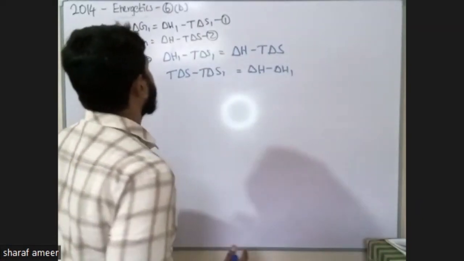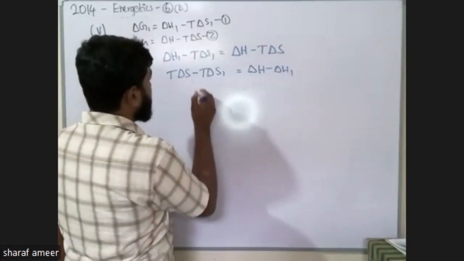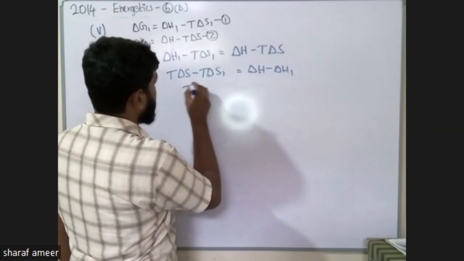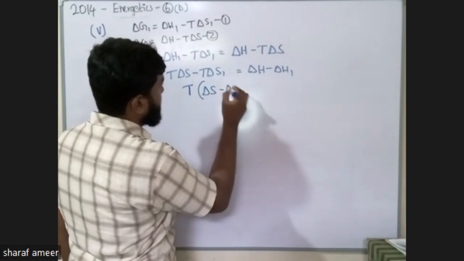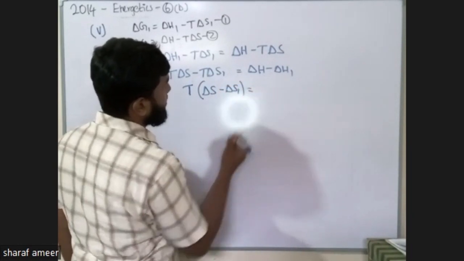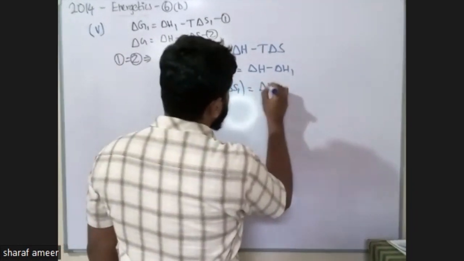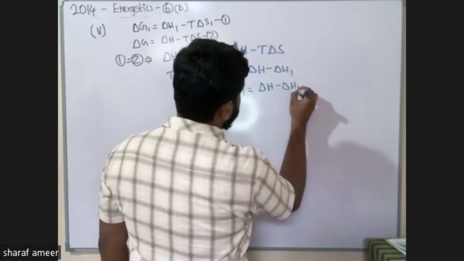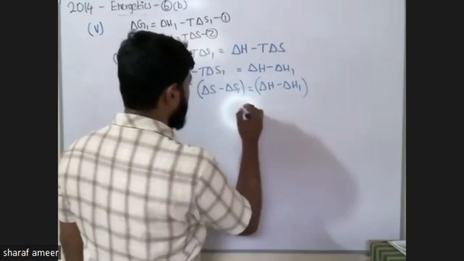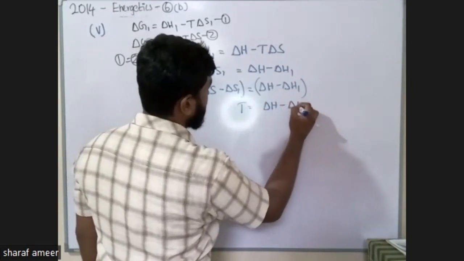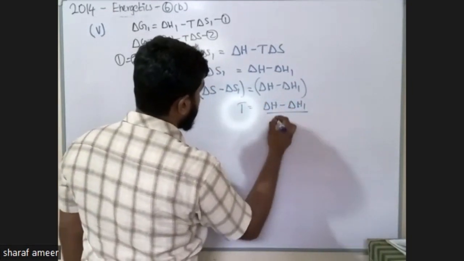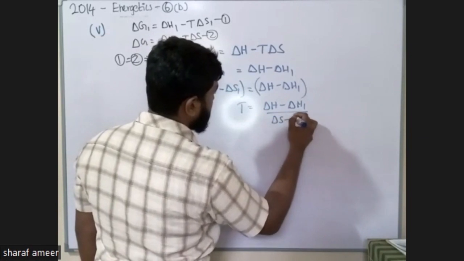Now you can take T common: T bracket delta S minus delta S1 is equal to delta H minus delta H1. So T is equal to delta H minus delta H1 divided by delta S minus delta S1.